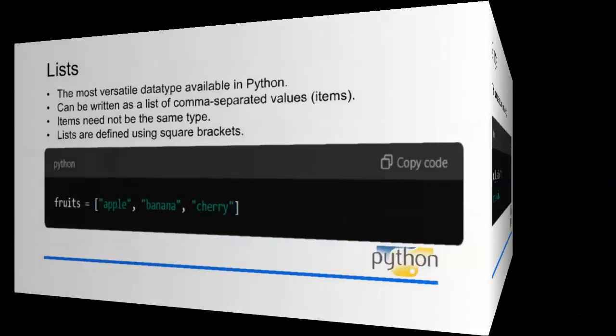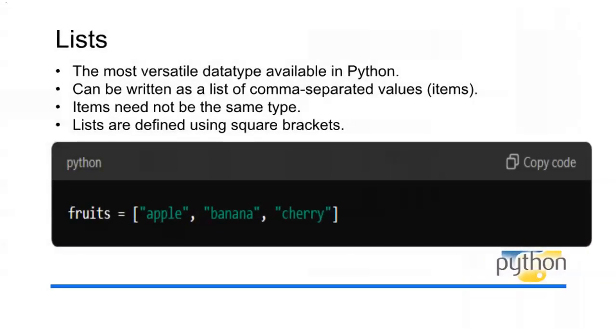Python lists are versatile ordered collections that can store a variety of data types, including integers, strings, and even other lists. Defined using square brackets, lists allow for easy manipulation and dynamic resizing, making them ideal for managing collections of items. They support various built-in methods for operations like appending, inserting, removing, and sorting elements.